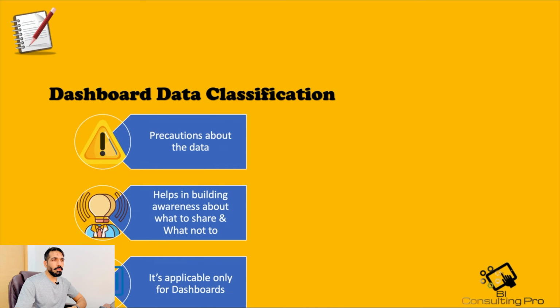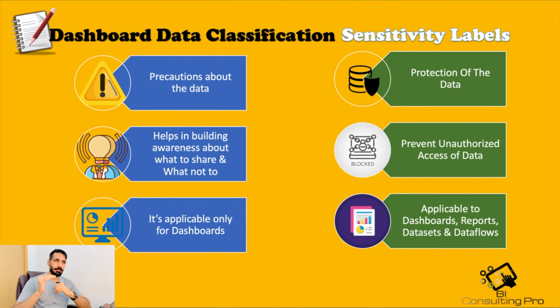We need to compare this with the sensitivity labels. In dashboard data classification, it is all about precaution for the data. That means before sharing, we are taking precaution with the data, while a sensitivity label is all about protecting the data. Whenever somebody is downloading the Excel file or the data in another format, it should be encrypted. That means we are going to stop unauthorized access.